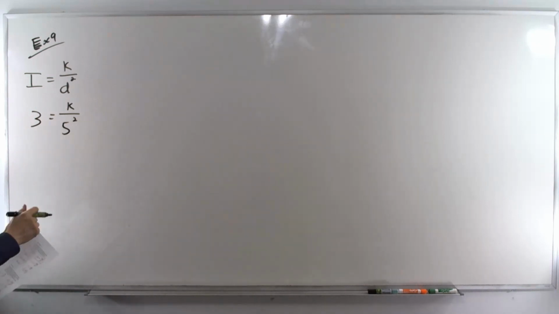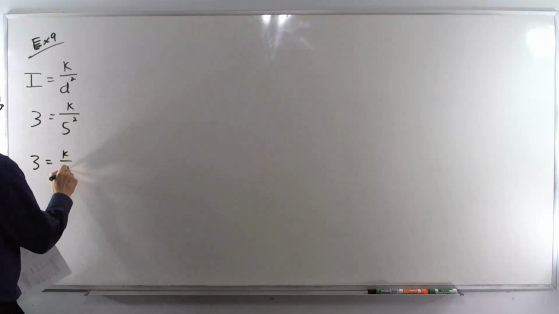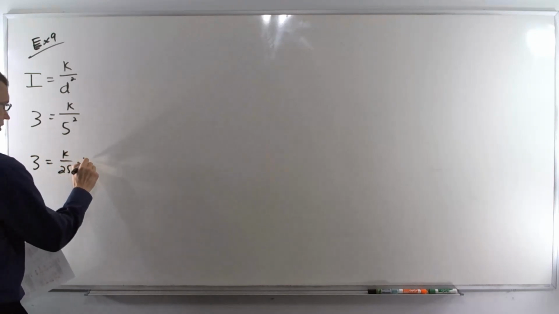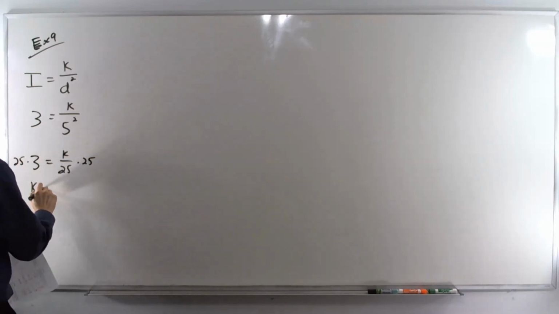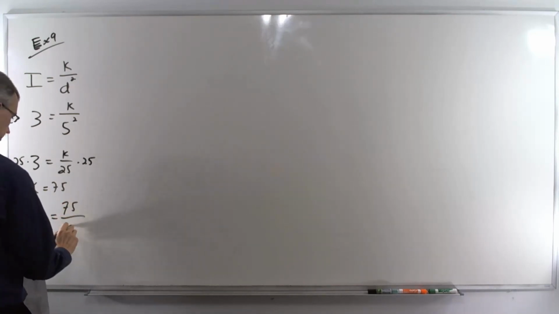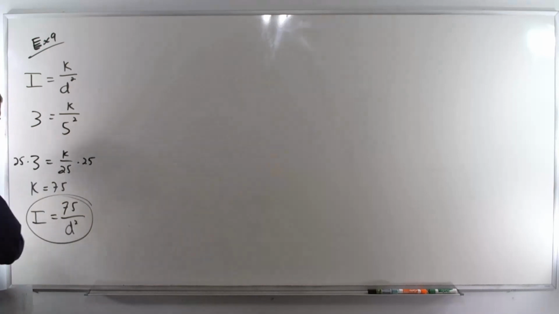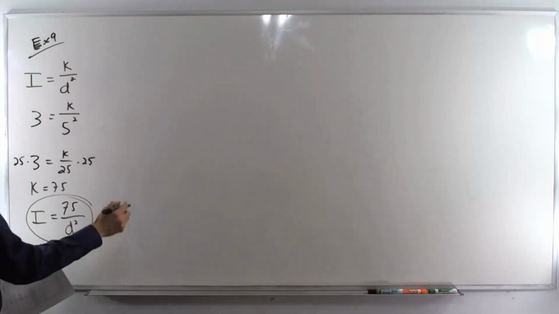All right, now we're going to solve for K. So this is 3 equals K over 25, multiply by 25 on both sides, and K is 75. So that makes our equation I equals 75 over D squared. Now we want to find the intensity at 15 feet, so our distance is 15.